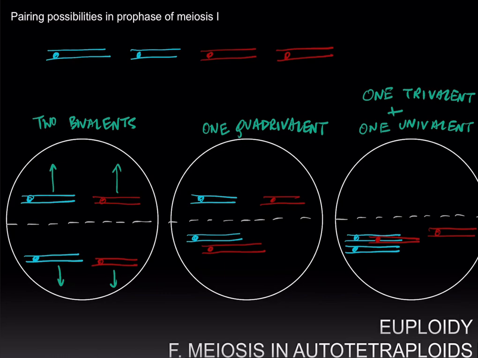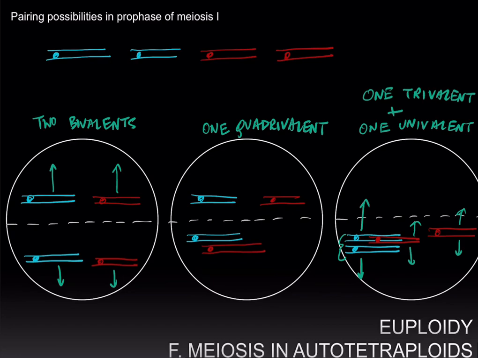Now, when we are considering how they're going to segregate, the paired chromatids in the trivalent will go to opposite poles, whereas the third unpaired one in the trivalent will go randomly to either side, as will the univalent, which will go randomly to either side.